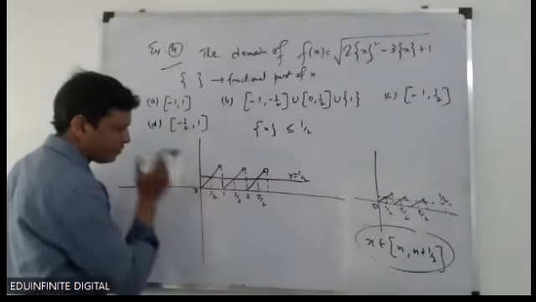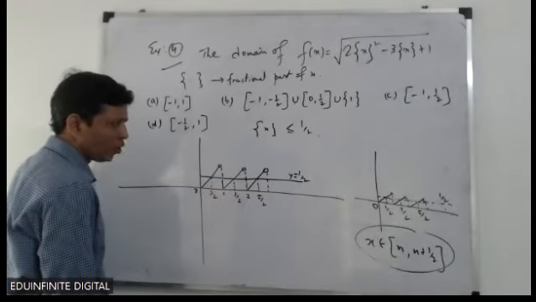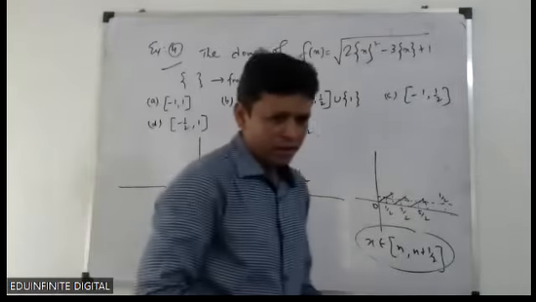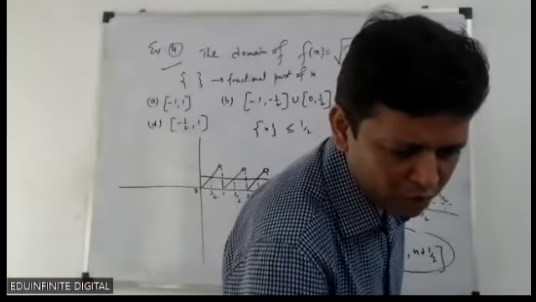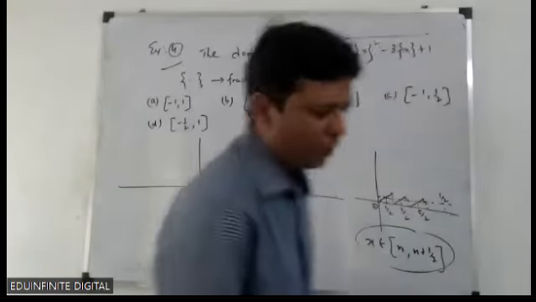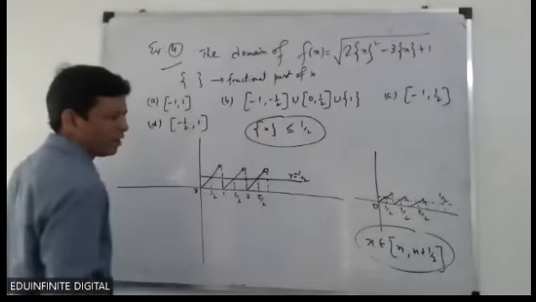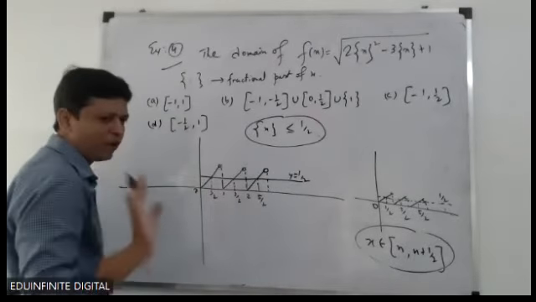Not the diagram, the relation x less than or equal to half that you showed on the graph. The calculation I understood, but how to imply that on the graph. Okay, this part. Have you understood this part? It came from the calculation.